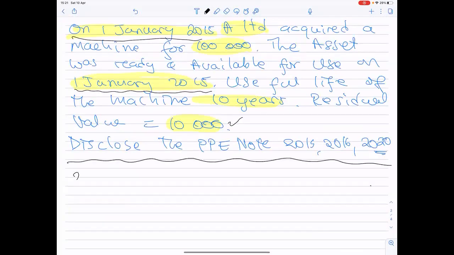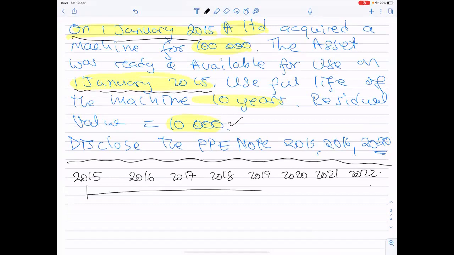Altogether, the asset has been there for the years 2015, 2016, 2017, 2018, 2019, 2020, 2021, 2022. How many years are those? 1, 2, 3, 4, 5, 6, 7. We have got 7 years.